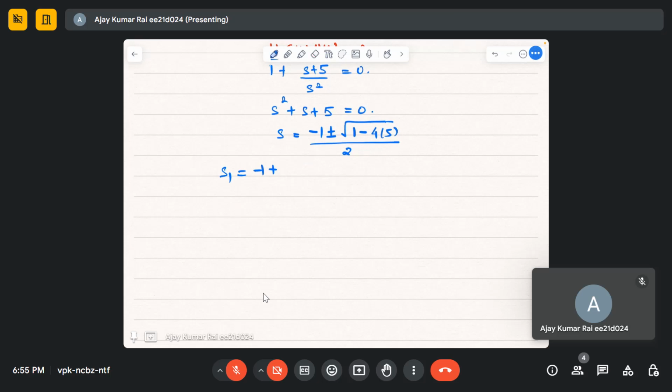So s1 is -1 plus j root of 19, by 2, and s2 is -1 minus j root of 19, by 2.